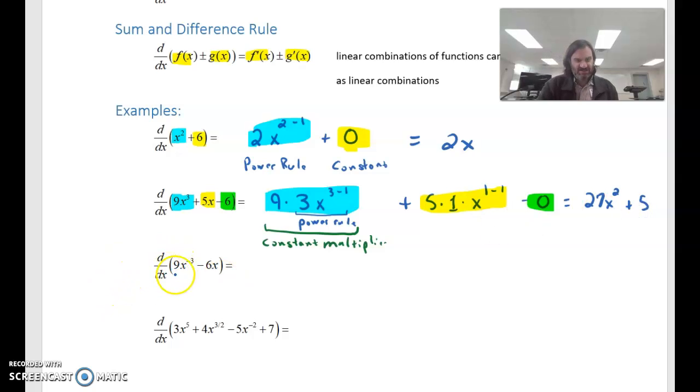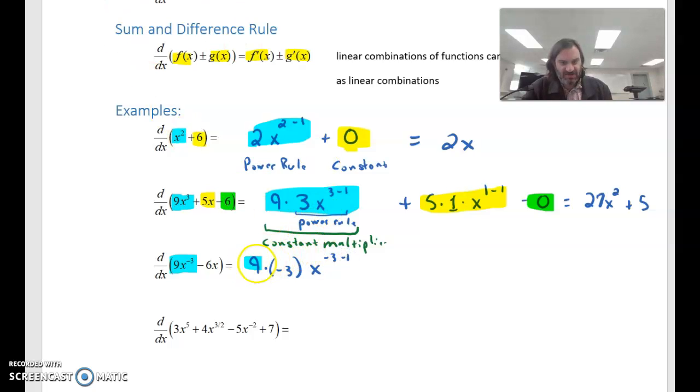Okay, next we have the derivative of 9x to the negative 3 minus 6x. So again, let's try this out. We're going to keep the 9 because it's a constant multiplier. The negative 3 will come out front, and then we'll have x to the negative 3 minus 1.